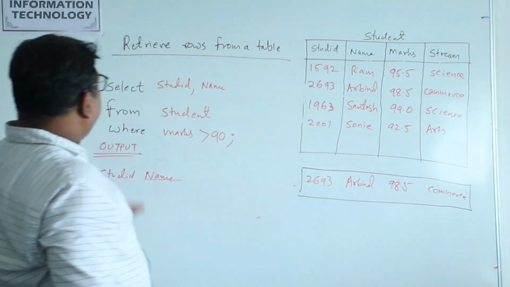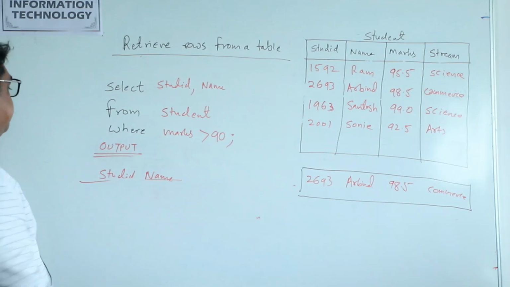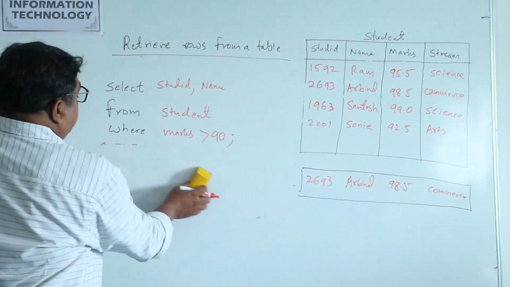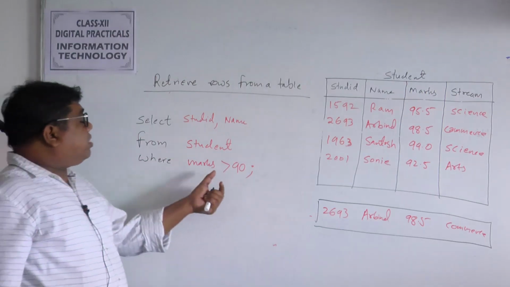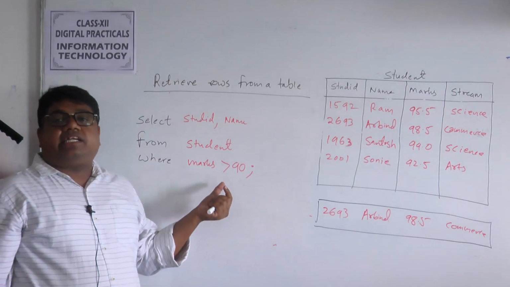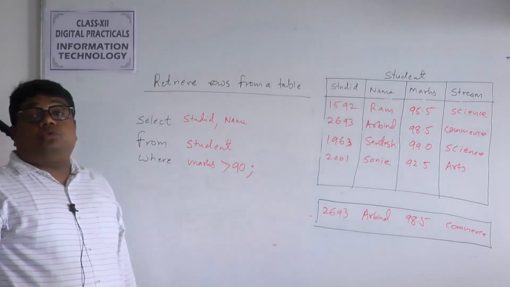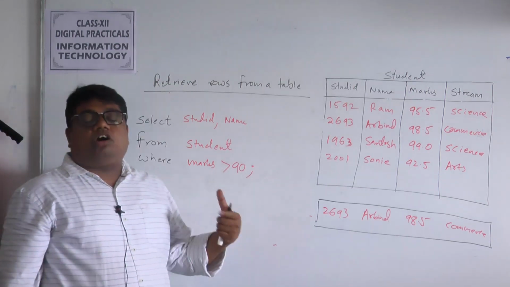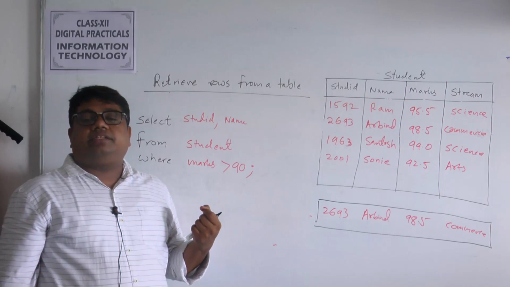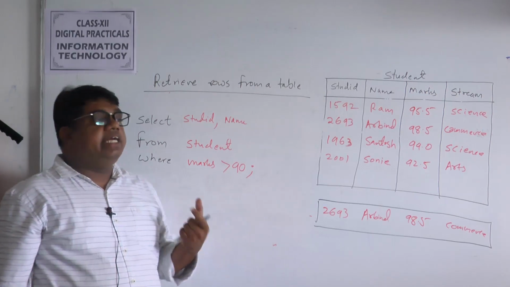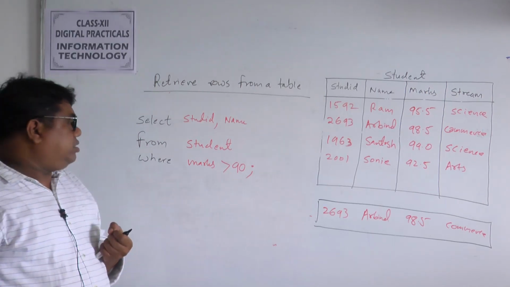Okay, so this is how to retrieve. Now, we came across the relational operators like greater than and equal to. Now we will come to the logical operators, how logical operators are used in SQL. That is AND, OR and NOT.